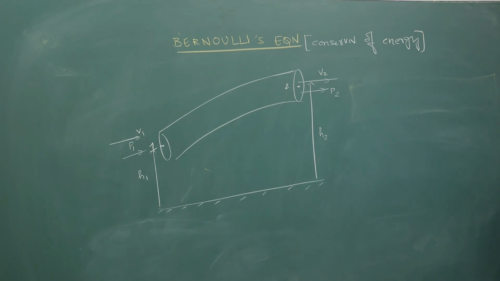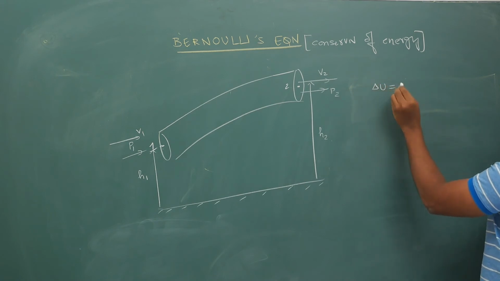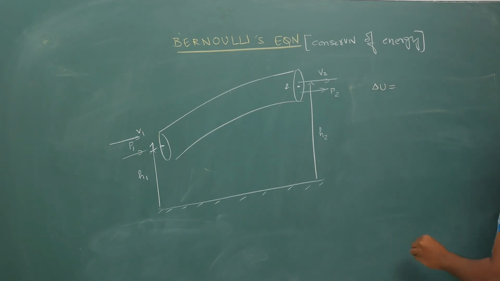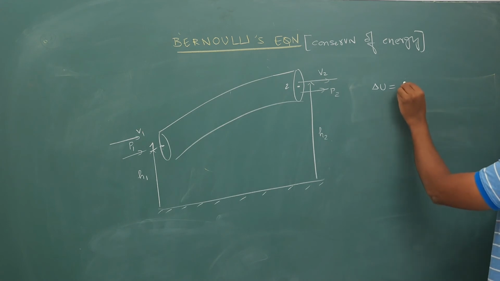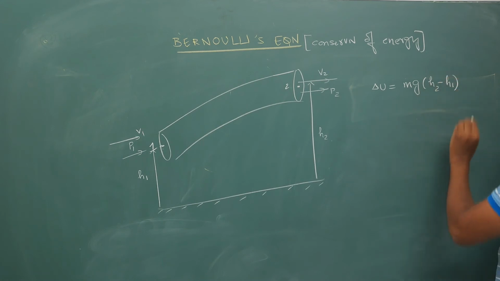Now your change in energy, delta U, the potential energy, you can write as small mass m into g into h2 minus h1. This is your change in potential energy.